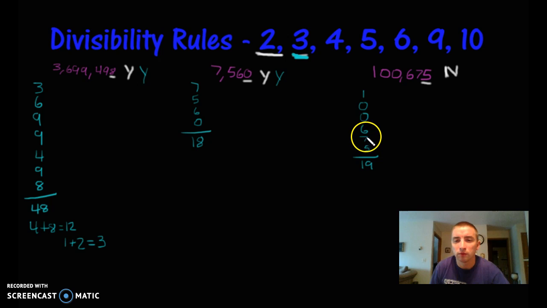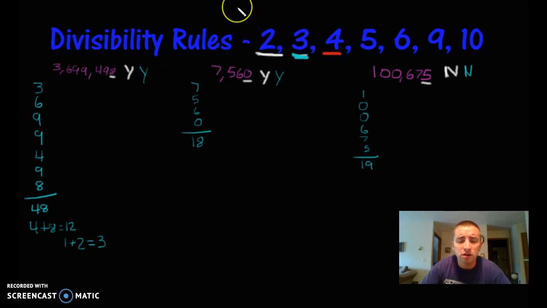Okay, 19 is not divisible by 3. We can't divide 19 by 3 and get a whole number answer. So, no. Okay, then let's move over to 4.